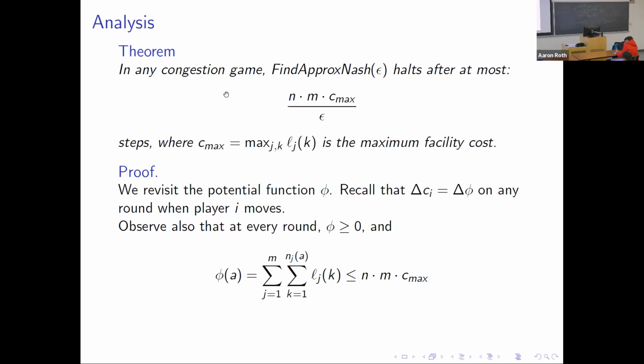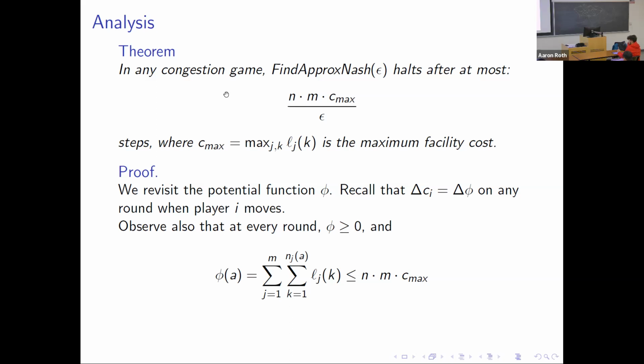Well, we assume nothing about where it started, but we can still give a crude worst case upper bound on how big this potential function could possibly be. We're summing up over all of the facilities, there's m of them, so let's pay a factor of m. For each facility we sum over the number of players playing on that facility in the game state.